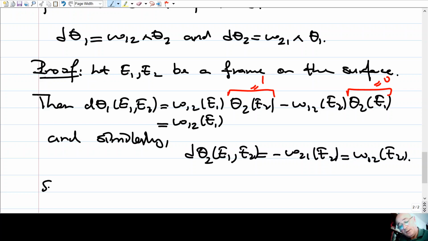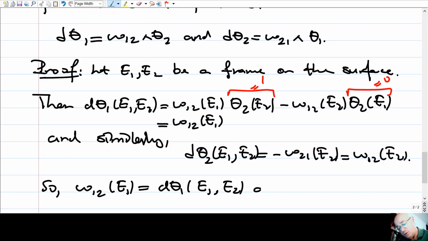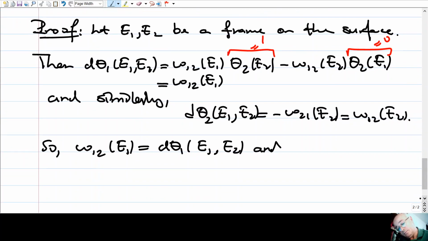So we obtain this: the one form omega 1 2 on the vector E1 is equal to d theta 1 of E1, E2, and omega 1 2 on E2 is equal to minus d theta 2 of E1, E2.